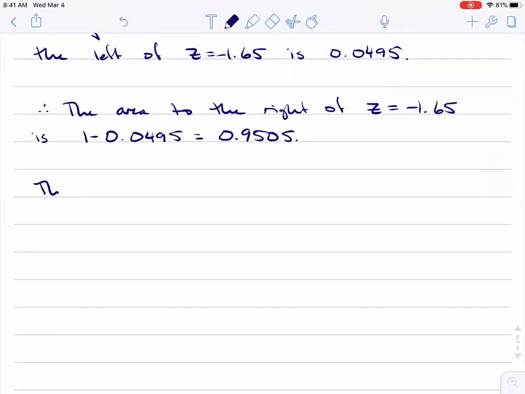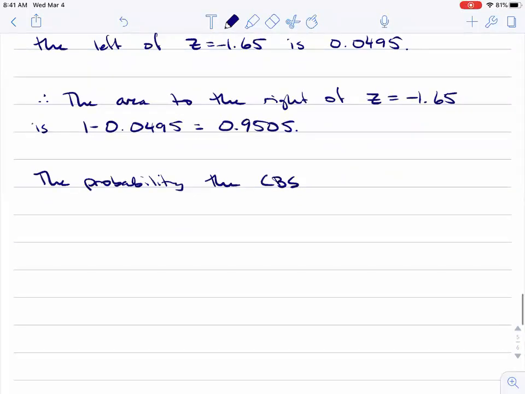So the probability that the Canadian Blood Services, let's just do CBS, even though that's Canadian Broadcasting. They're very concerned. But let's just save on some writing.